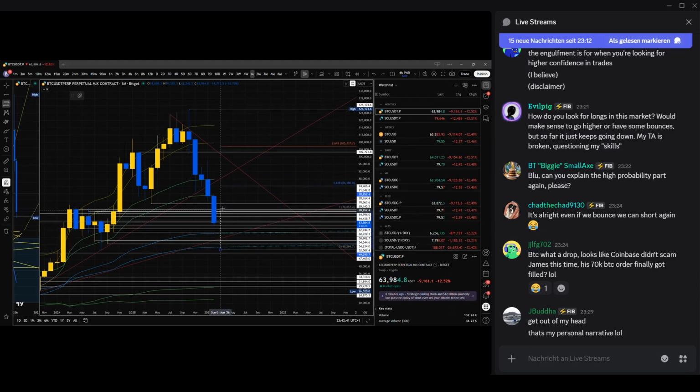I have to go a bit further. Okay, like this. Let's pretend there would be a long here, and you hit the entry here, and it would hit somewhere here. That's a good example. The entry hits at your trend line, but the exit is beyond the downtrend. That's also not a good risk-reward ratio on those trades.